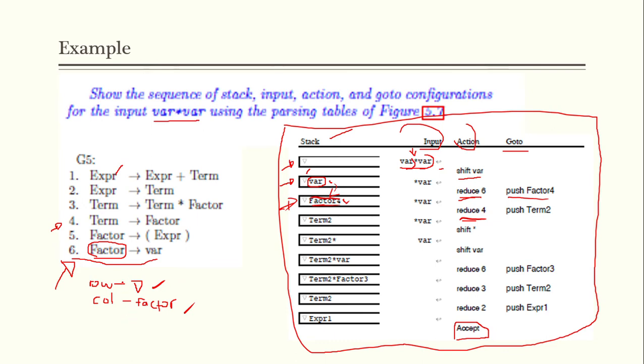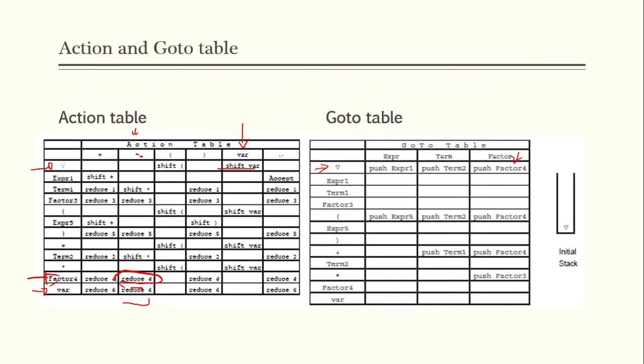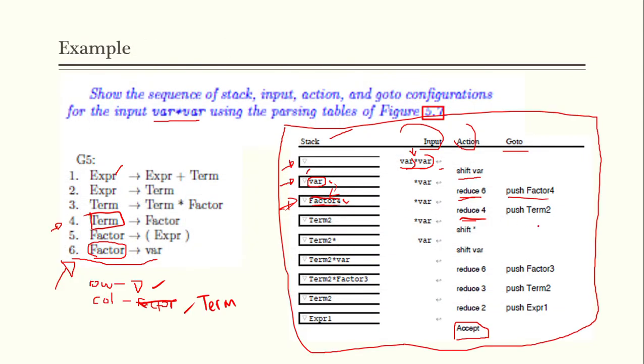The column would be from the rules, which in this case is term. So you go to the goto table and look at the row triangle and column term. It says push term 2. So in the goto, you write push term 2. What does it mean? You are replacing factor with term 2.